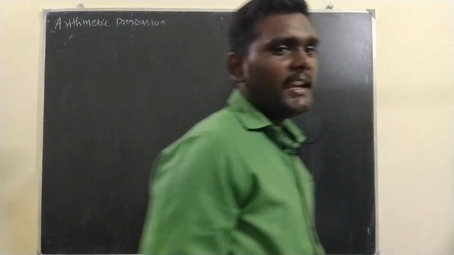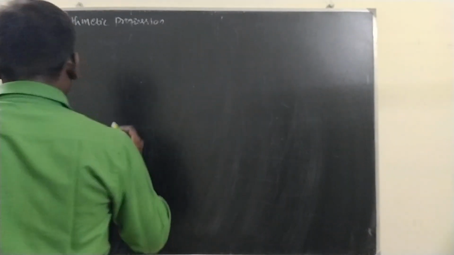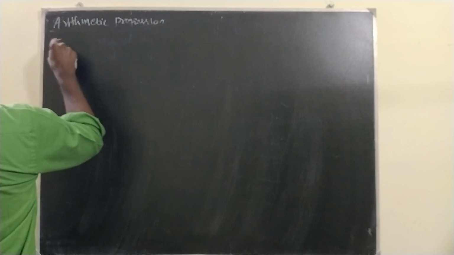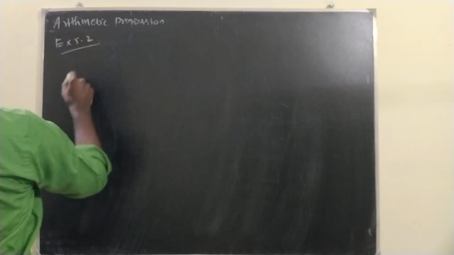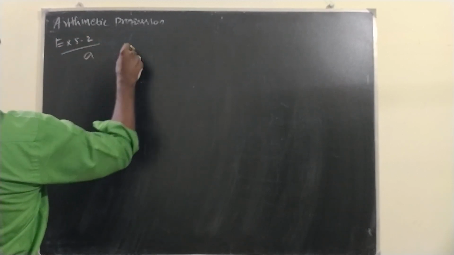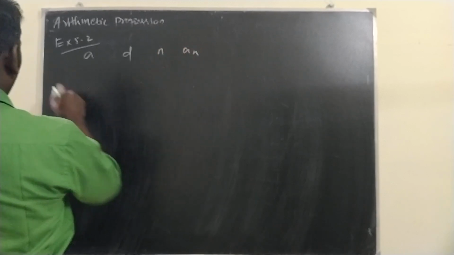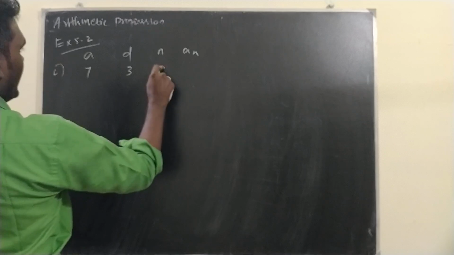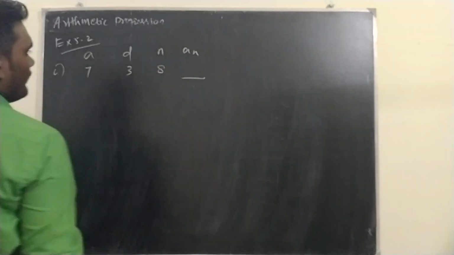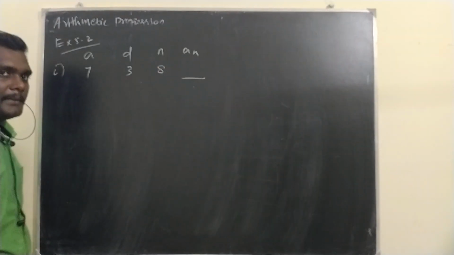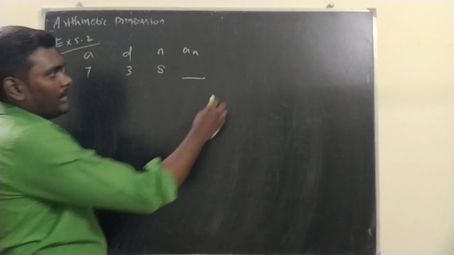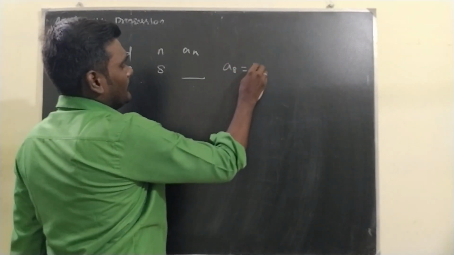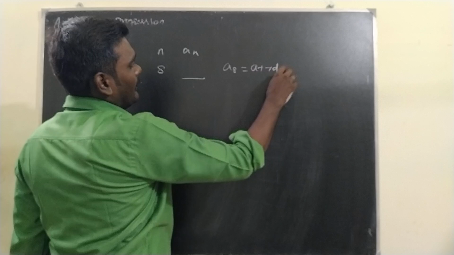A, D, N and An are given. They are simply playing hide and seek. First one, A is 7, D is 3, N is 8. An is not given. Then what do we need to find? A8 equals A plus 7D.